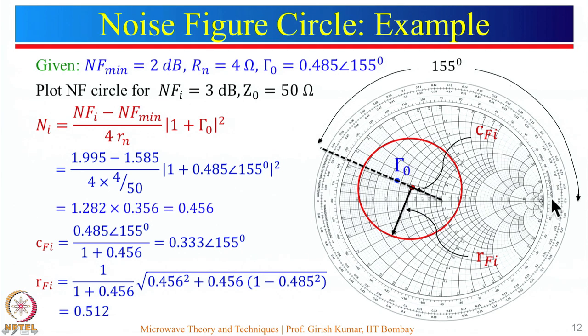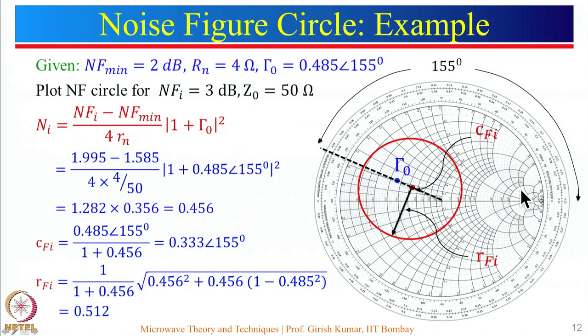So, 0.485 of this normalized value is to be shown over here. Then locate CFI, CFI is 0.333, locate that on the Smith chart and then draw the circle over here. You can choose any value of gamma s on this particular noise figure circle and that will give constant noise figure. That is why it is known as constant noise figure circle.